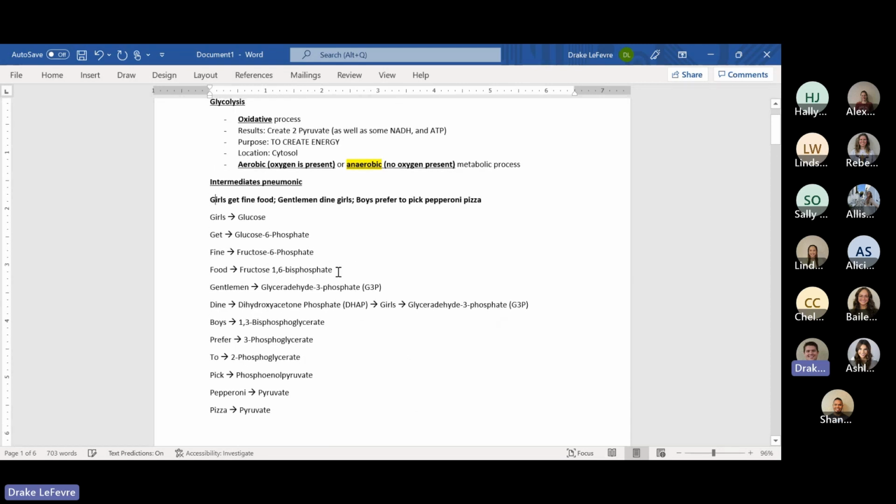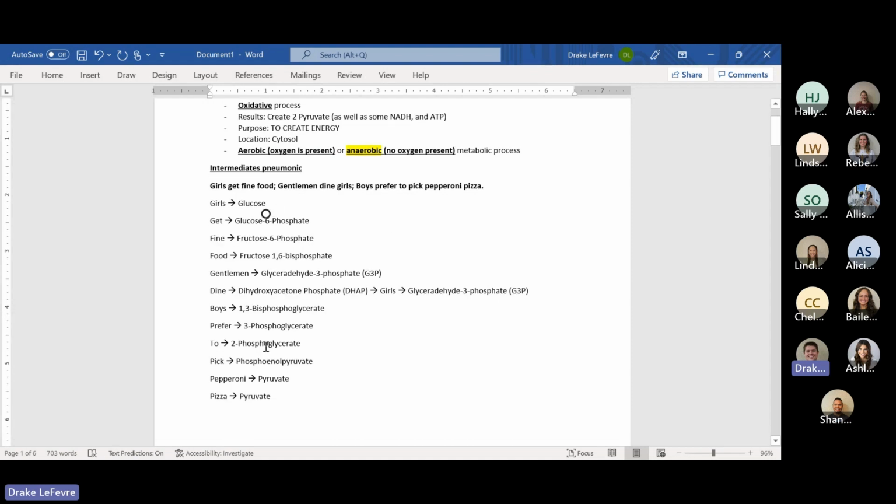The mnemonic that I found, an MCAT mnemonic, is: girls get fine food, gentlemen dine girls, boys prefer to pick pepperoni pizza. A lot of these mnemonics are kind of silly, but they are a really good way to help you remember these things.